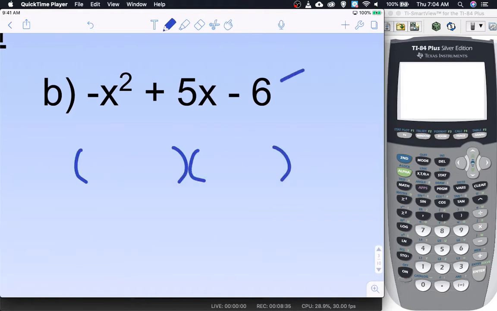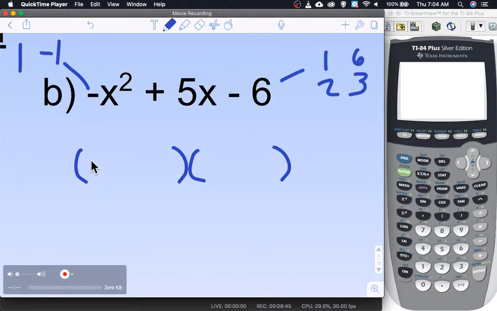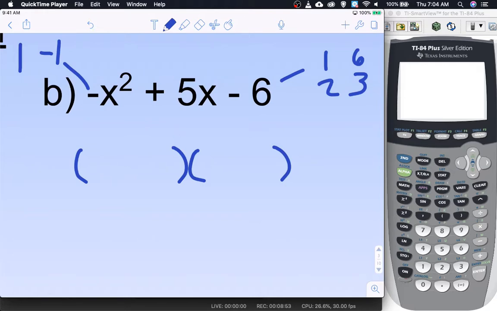Factors of 6 are 1 and 6, 2 and 3. Factors of negative 1 are 1 and negative 1. So I know one of these has to be an x, the other has to be a negative 1x. So negative 1, actually I guess I don't really need the 1.